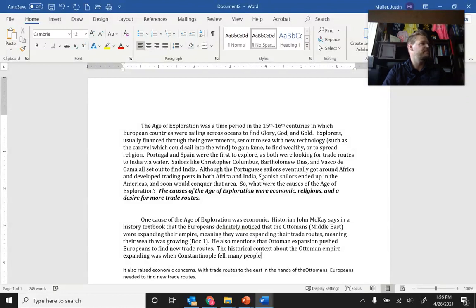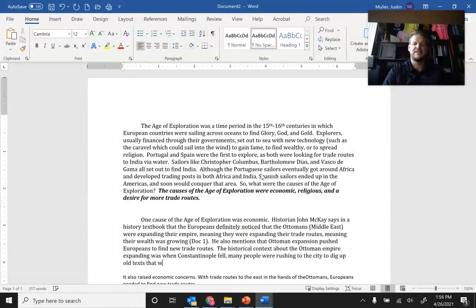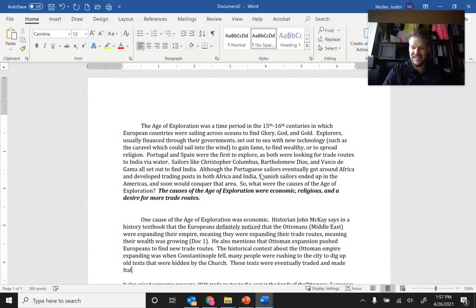Many people were rushing to the city to dig up old texts that were hidden by the church. These texts were eventually traded and made Italy pretty wealthy. Okay? That's the historical context.